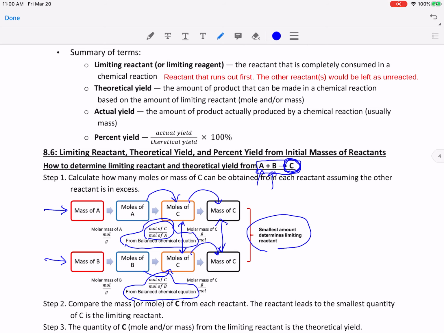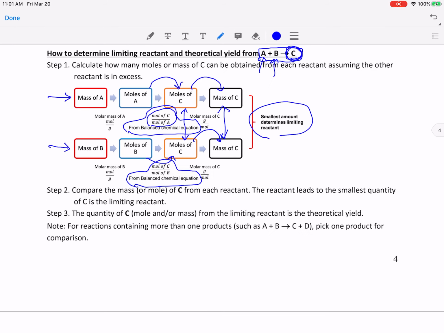Then, so that's step 2 already. Then the quantity of C, either mole or mass, from the limiting reactant is the theoretical yield. So if you determined A is the limiting reactant, then mole of C and mass of C from this is the theoretical yield.